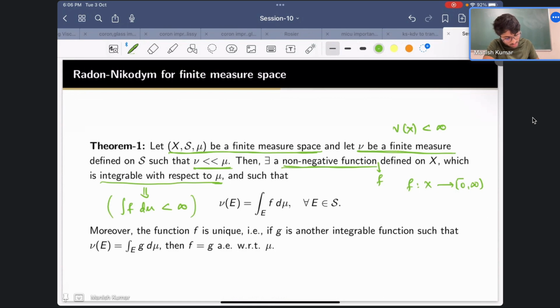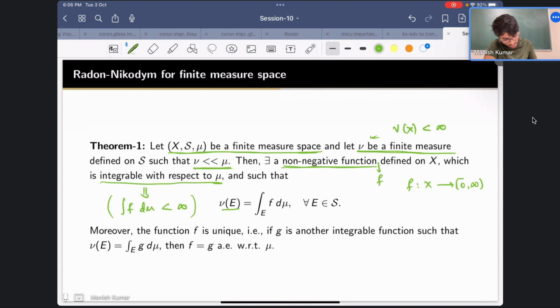There will exist a non-negative integrable function such that this nu can be written in this form. So for a finite measure space and finite measure nu, you have this theorem, which is sort of a converse of what we have seen so far.